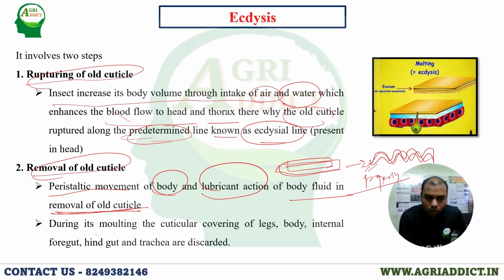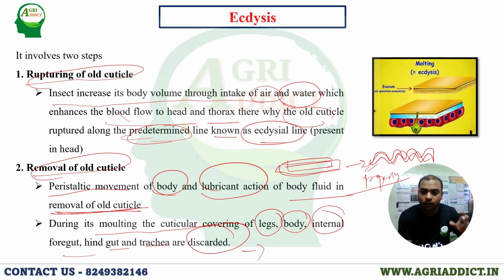During molting, the cuticular covering of the legs, body, and internal foregut, hindgut, and trachea are discarded. Remember one thing, this may be a very important question from the exam point of view. From which parts of the body is the cuticular covering removed? First the leg, then the body, then the internal foregut, then the hindgut, then the trachea.